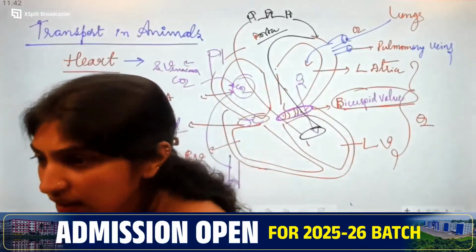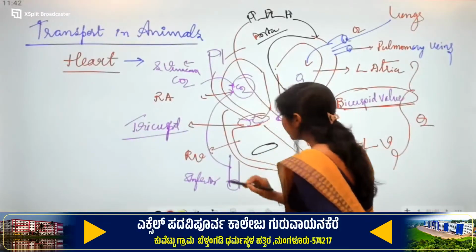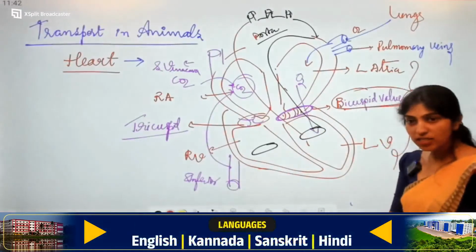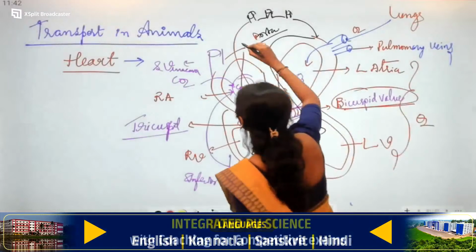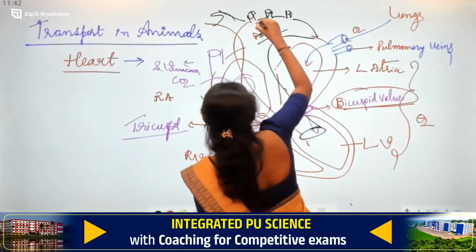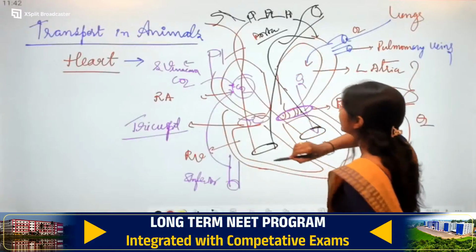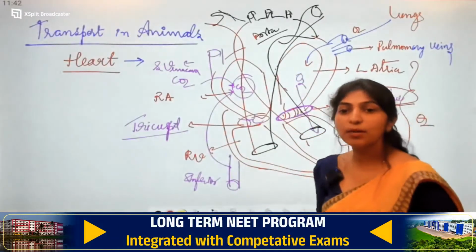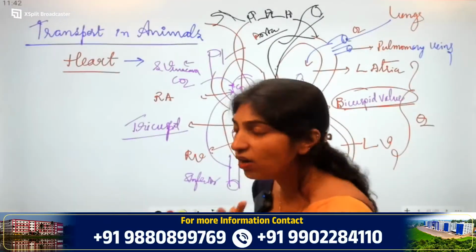Is it clear? Now from the right ventricle, if you see here, this is the right ventricle. To carry the deoxygenated blood from the right ventricle, they have the pulmonary artery. So who will carry the deoxygenated blood? The pulmonary artery. It is the only artery which will carry deoxygenated blood.